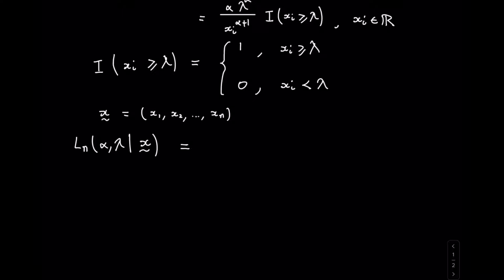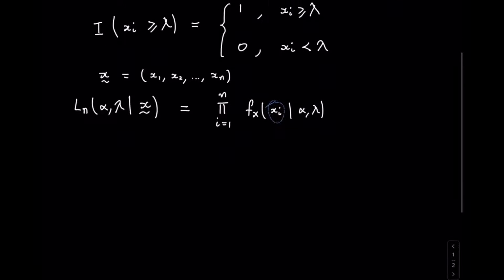Well, the definition of the likelihood function is the product from i equals 1 to n of all the individual probability density functions evaluated at our particular data points.